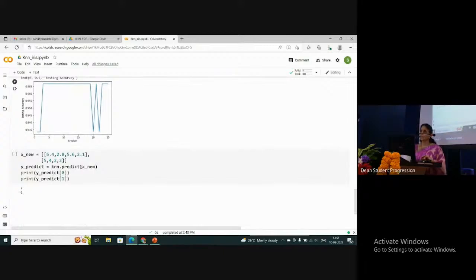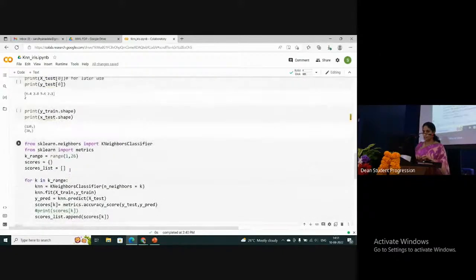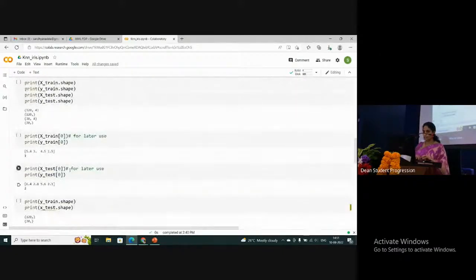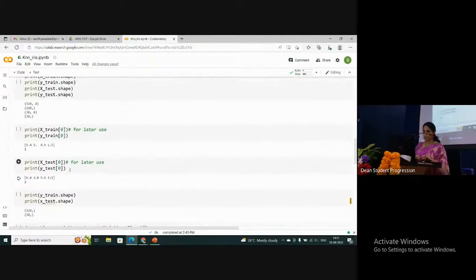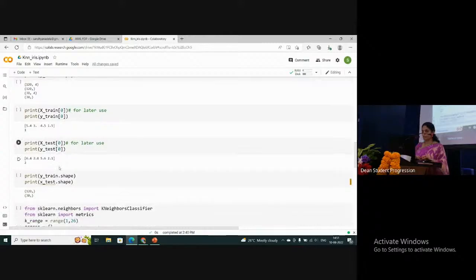Now, for x_new, whatever data set you have given, I'm checking how my model is doing, whether it is doing well or not. Here, we have already taken one data set which I said is used for testing purposes. If you can see, 5.4, 3, 4.5, 1.5, or you can use 6.4, 2.8, because the class labels are already known to you.